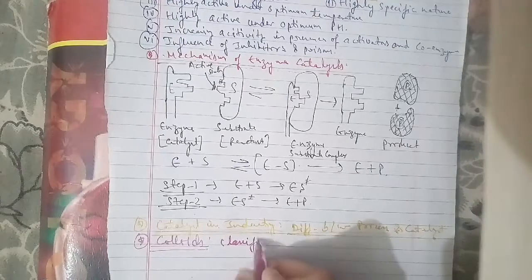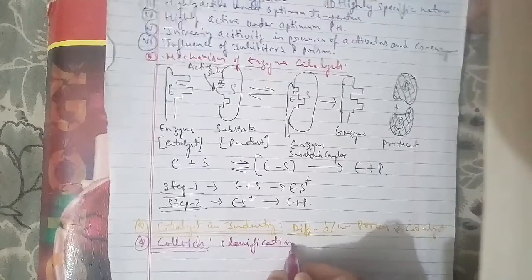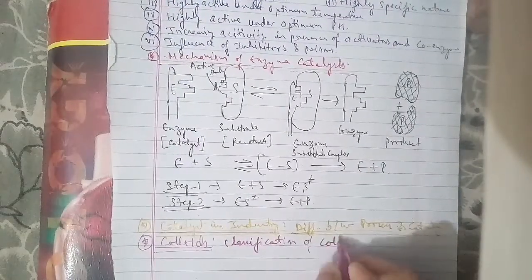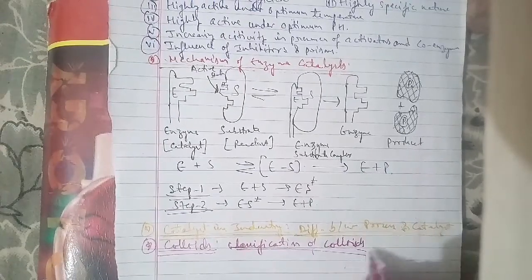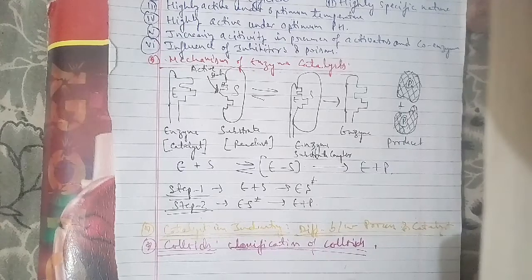A gas mixed with another gas forms a homogeneous mixture and hence is not a colloidal system. The examples of the various types of colloids along with their typical names are listed here. So for the types of colloidal system, we have the dispersed phase, dispersion medium, type of colloid, and examples.